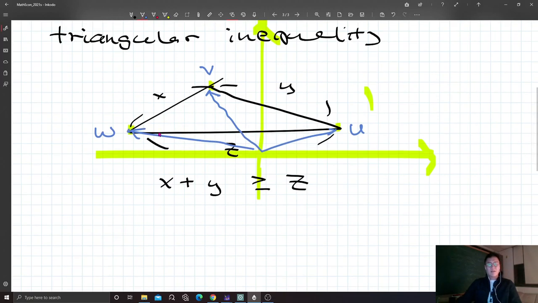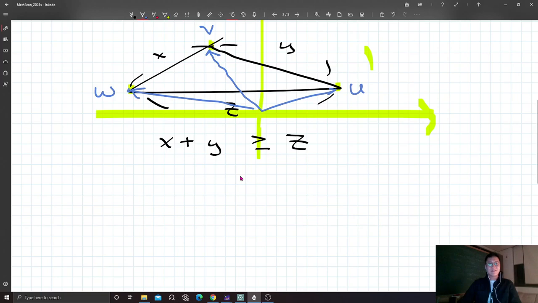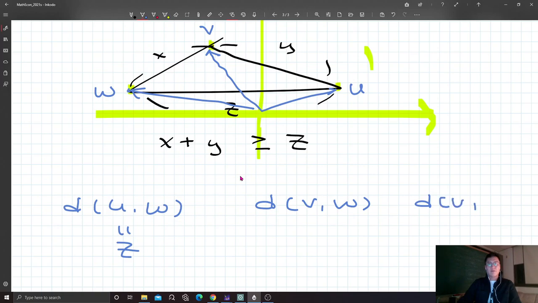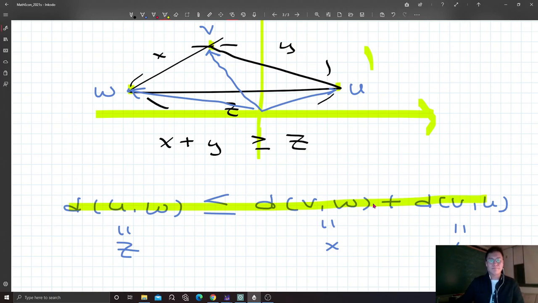And then the length of the side z is nothing but the distance between two vectors, u and w. That is z, okay? And x can be expressed as the distance between w and v, and y, the distance between v and u, okay? So x plus y should be larger than z, so we have this inequality, okay?